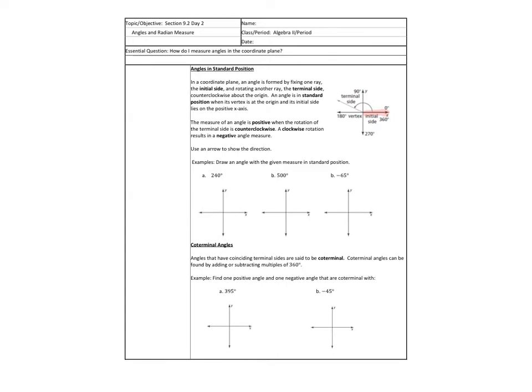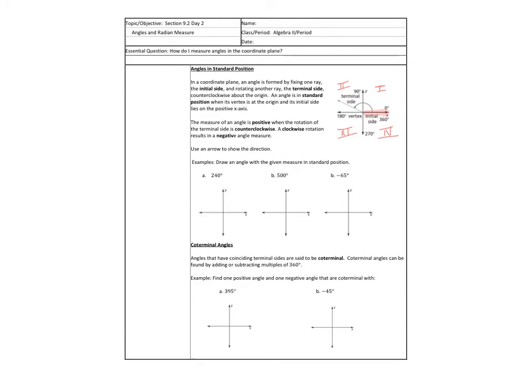Remember how we number our quadrants? The top right is the first quadrant, then we go counterclockwise to the second, third, and fourth before getting back to the first. That's how we show positive angles. For a negative angle, we go clockwise.